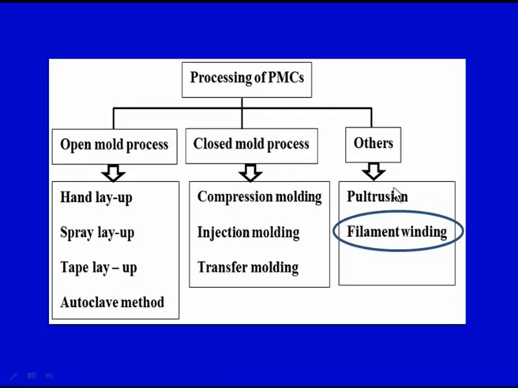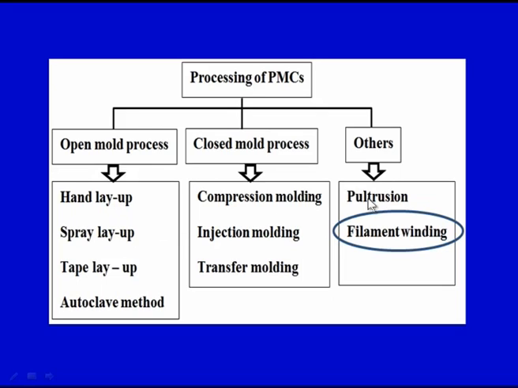In others we have pultrusion and filament winding. In this series of lectures in module 5 on processing of polymeric matrix composites, we have already seen the hand layup process, the process details, the control variables, the advantages, limitations and applications of the hand layup process. Similarly, the spray layup process has already been covered.